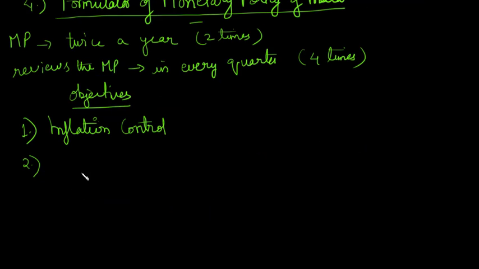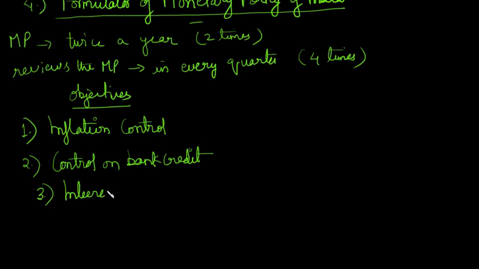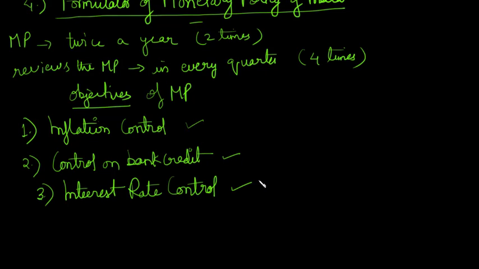Second objective is control on bank credit. And the third one is interest rate control. These are the three main objectives of monetary policy: inflation control, control on bank credit, interest rate control.